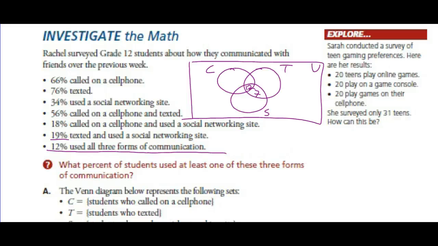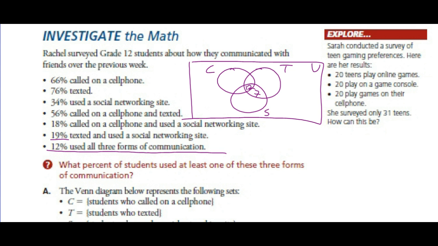The 7 only did texting and social networking. So 19 texted and used a social networking site, 7% only texted and used social networking but did not use a cell phone. So of that 19, 7 only.